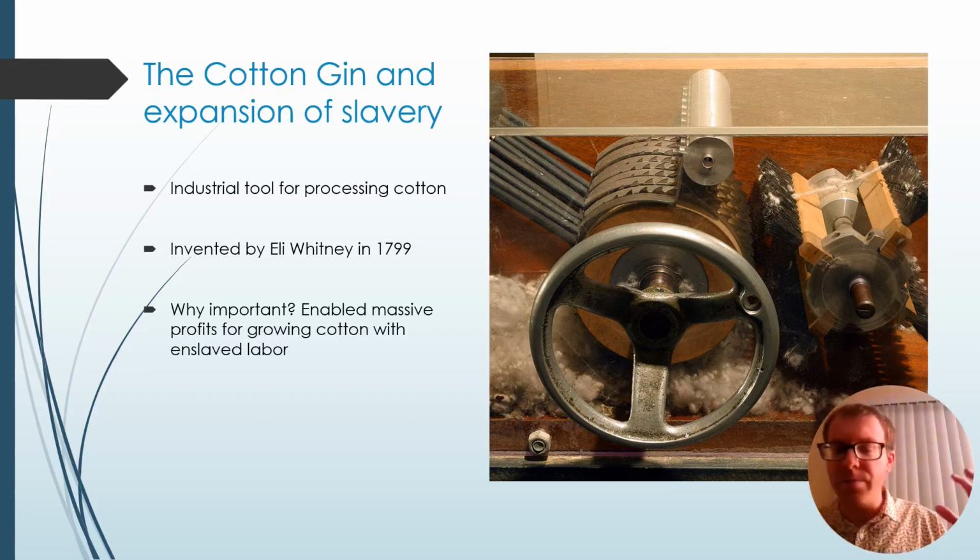And tobacco as well doesn't grow well in specific soil. But cotton could be grown throughout most of the soils throughout the American South. And so the cotton gin gives a strong financial incentive for planters to both want more land and to expand plantations and enslave more people.